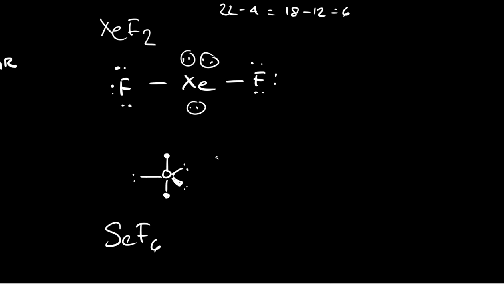This is linear according to your chart. So even though you have 3 lone pairs, it's linear because the lone pairs cancel each other out. That's what I understand. Because they cancel, it is linear.